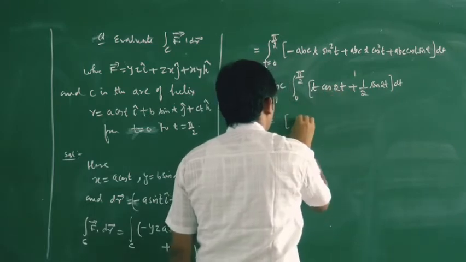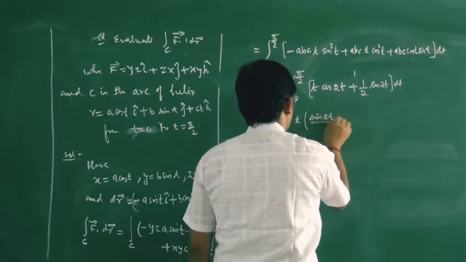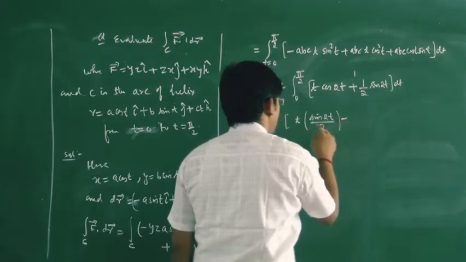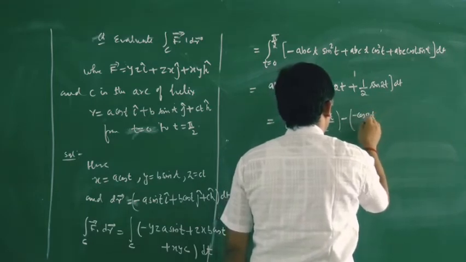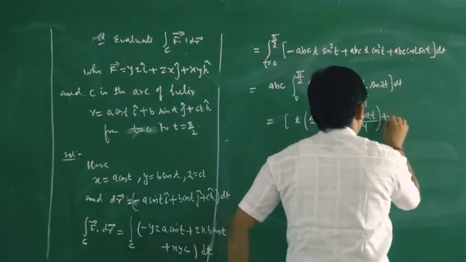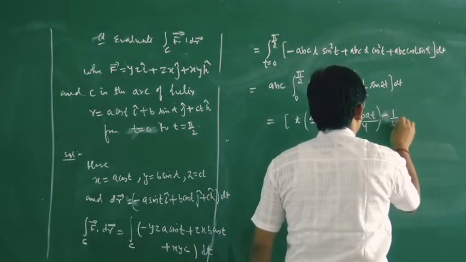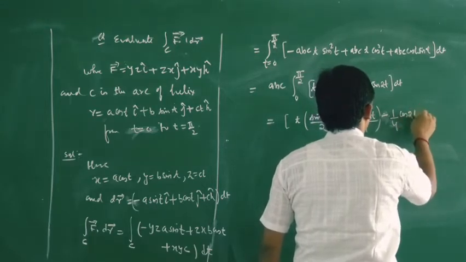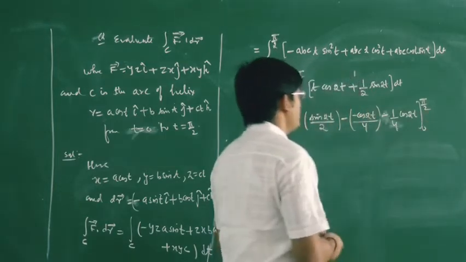So this is equal to t, the integration of cos 2t will be sin 2t upon 2, then minus the integration of sin 2t, which will be minus cos 2t upon 2, so this will be over 4. And the integration of the other sin 2t term will be minus 1 by 4 cos 2t, with limits from t equal to 0 to pi by 2.